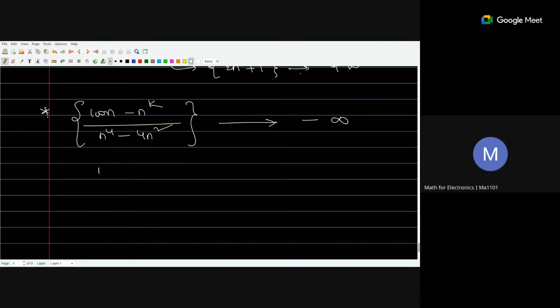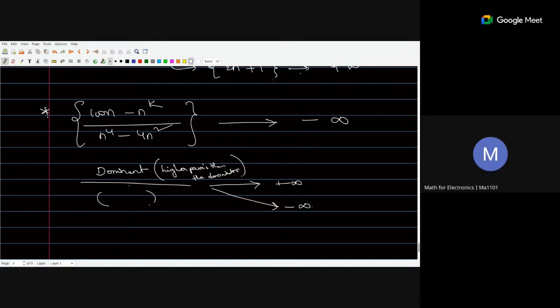What I meant is the numerator should be dominant. If the numerator is dominant, meaning higher powers than the denominator, then the sequence either goes to plus infinite or minus infinite.